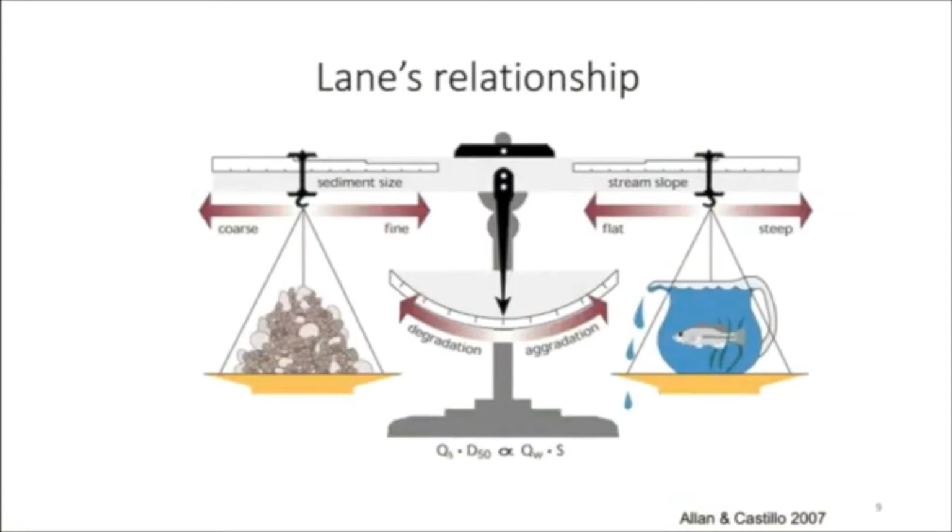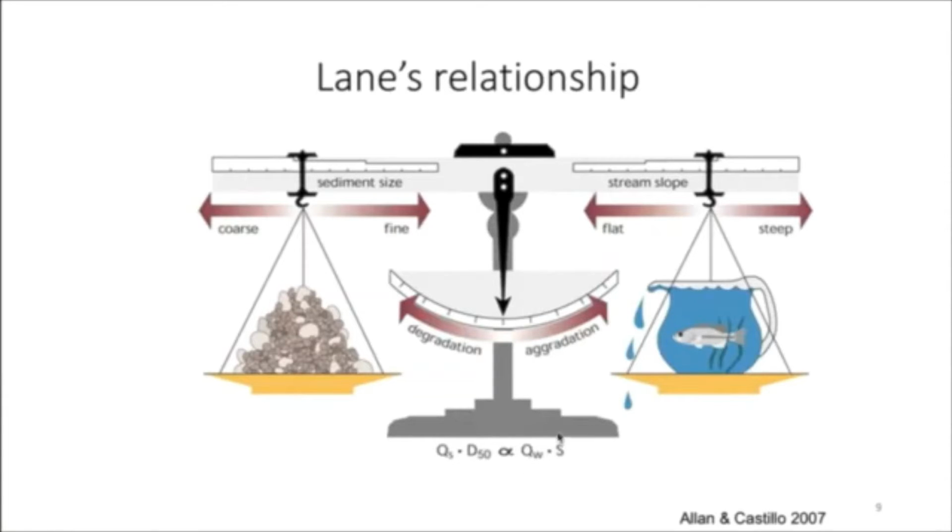One of the more critical relationships is called Lane's relationship. This relationship is essentially this equation here at the bottom of this scale. QS is the volumetric flow, the total amount of sediment, and D50, the 50% average of the sediment size, is proportional to the discharge of the channel, the amount of water, QW, times the slope.